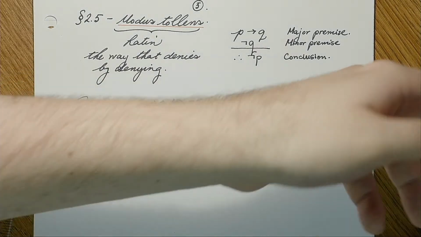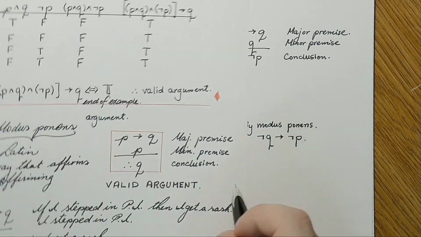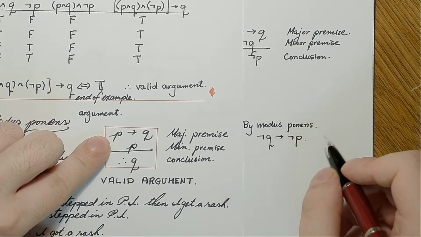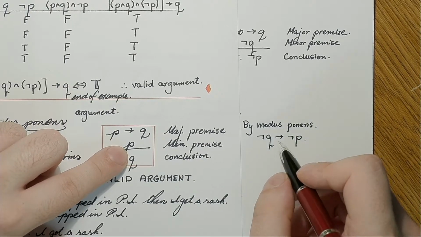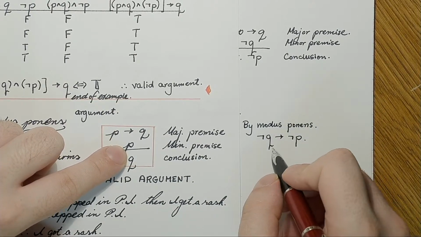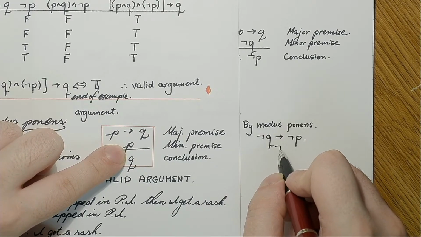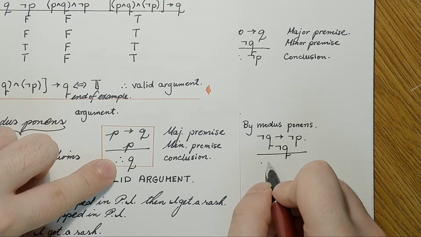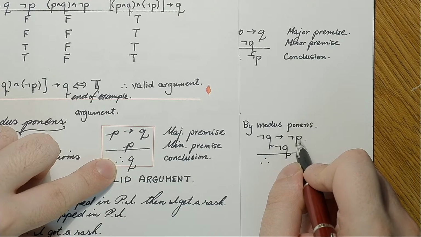Then the minor premise would be affirming the cause, and the conclusion would be the effect.